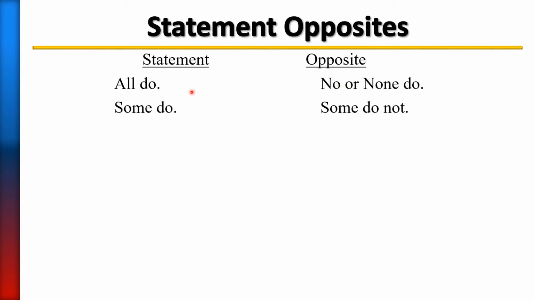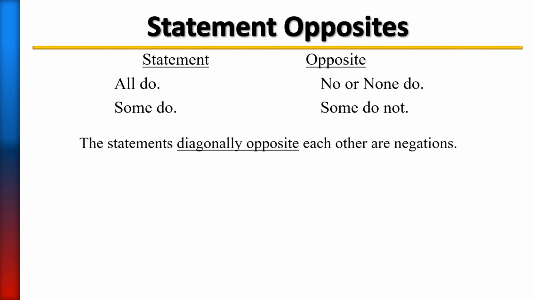And the opposite of some do would be some do not. If you place them side by side, they're opposite, but that is not what they match with. Then crisscross them. For example, the statement some do, to negate that, you would say none do. The statement of all do, to negate that, you would say some do not.